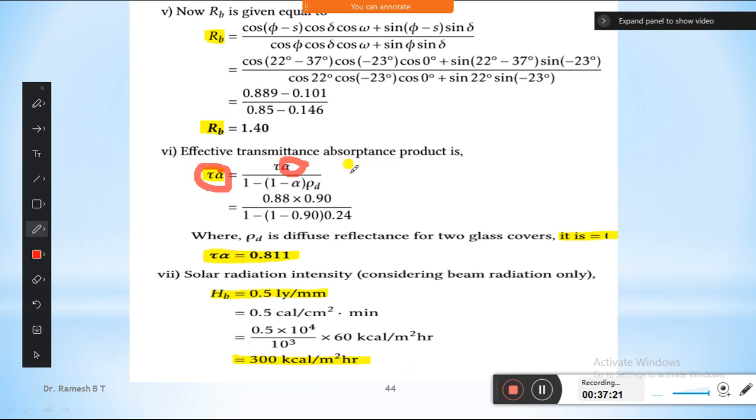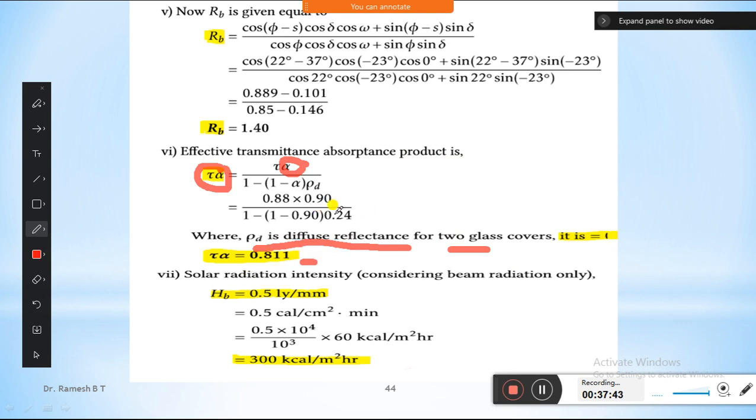Also they gave rho d, the diffuse reflection, for the two covers, and it is given by 0.811. It is given for the two plates as 0.811. If it is one plate, it is again different. So here the number of plates m is 2, that's why we are going to consider this value.